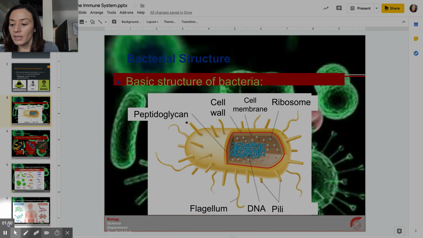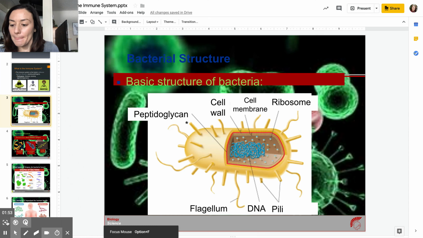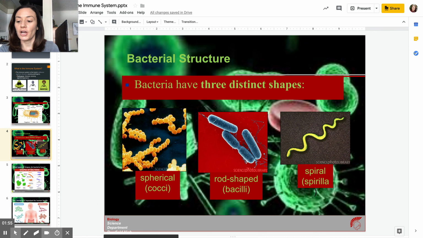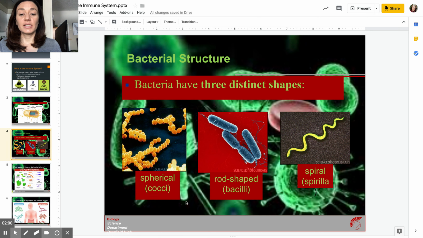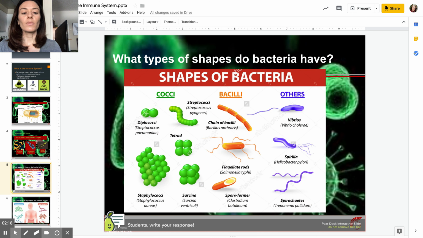When we look at the structure of bacteria, it can either be spherical, it can be rod shaped, or it can be spiral, depending on the type of bacteria it is. So this is what it looks like under a microscope. So, what types of shapes do bacteria have? Answer this question.